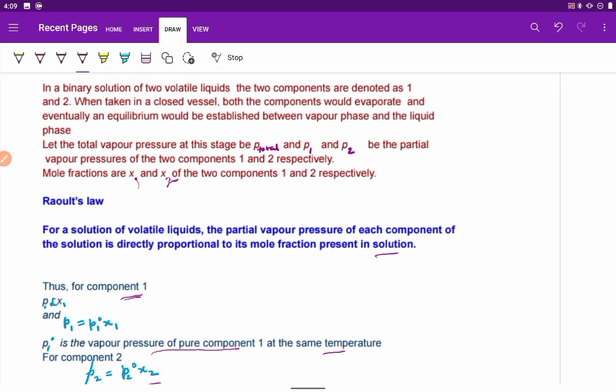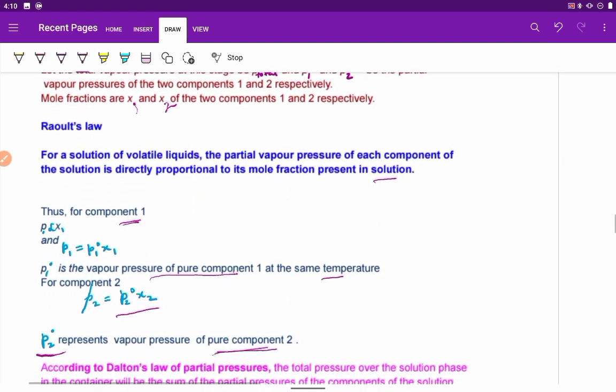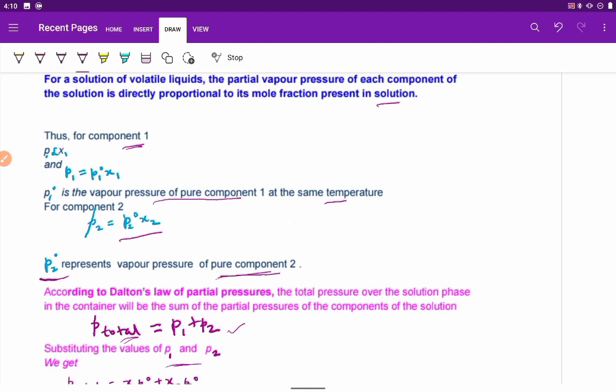So for component 1, P1 is directly proportional to x1 and P1 equal to P1 naught into x1, where P1 naught is the vapor pressure of pure component 1 at the same temperature. For component 2, P2 is equal to P2 naught into x2. Here P2 naught represents the vapor pressure of pure component 2.